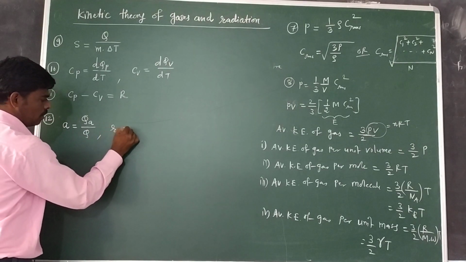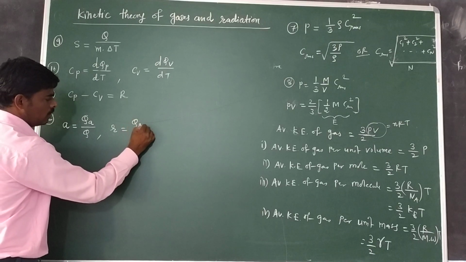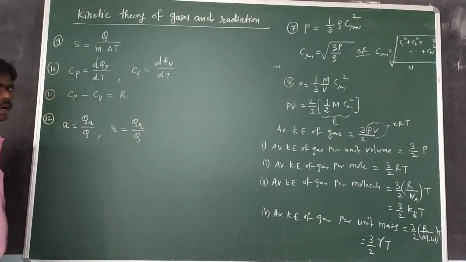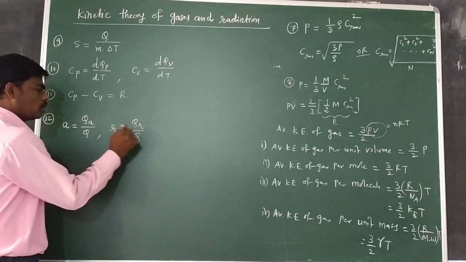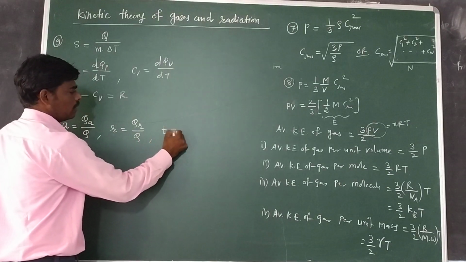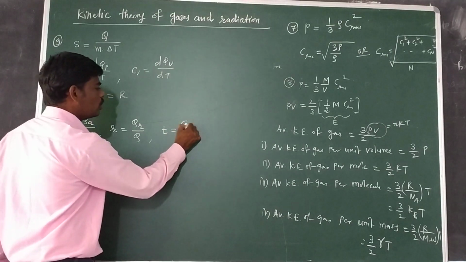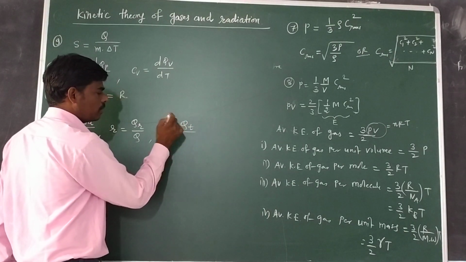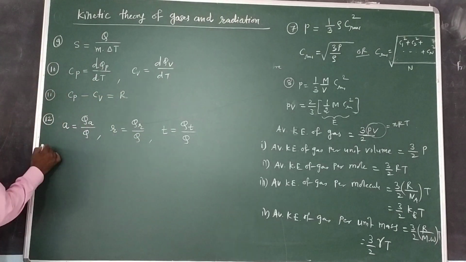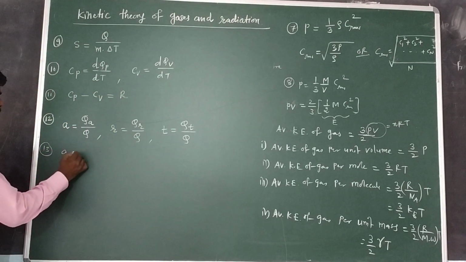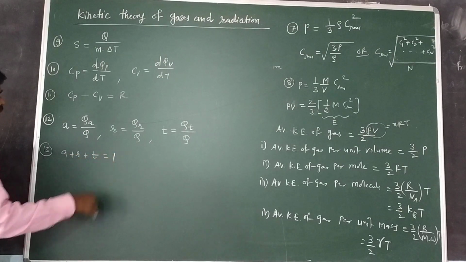Then coefficient of reflection R is QR by Q, the amount of heat reflected by the substance to the total amount of heat falling on it. T, coefficient of transmission, is QT by Q, the amount of heat transmitted by substance to the total amount of heat falling on it. And remember here, the sum of all these three coefficients, A plus R plus T, is equal to 1.